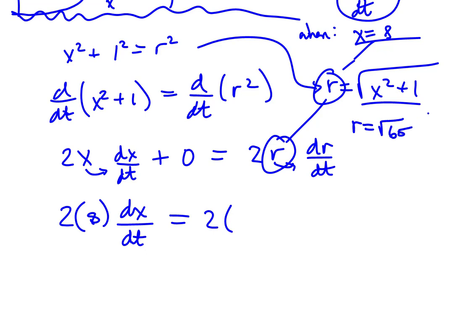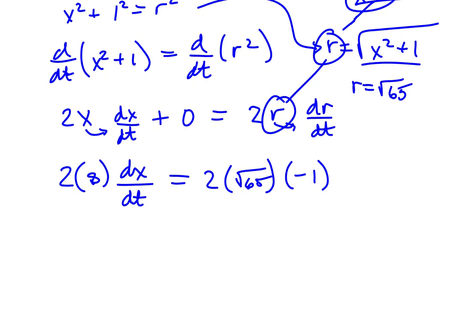This would mean r is the square root of 65. Again, we're just plugging in the x value of 8 into this r equation for the when scenario. So we'll say square root of 65 is going in for r. And then lastly, this dr dt, that's what we had for our know above. That was the -1 value.